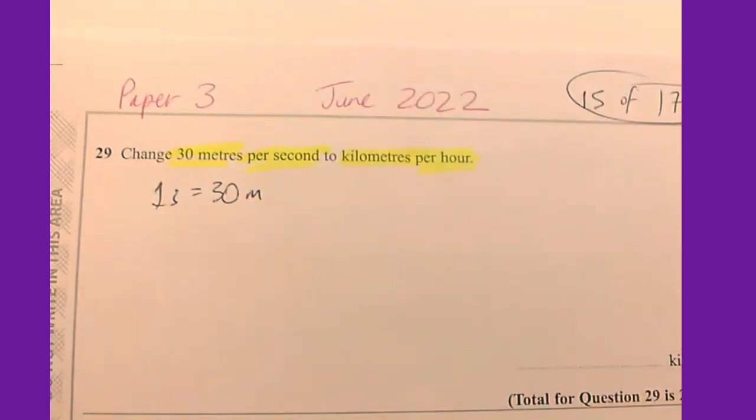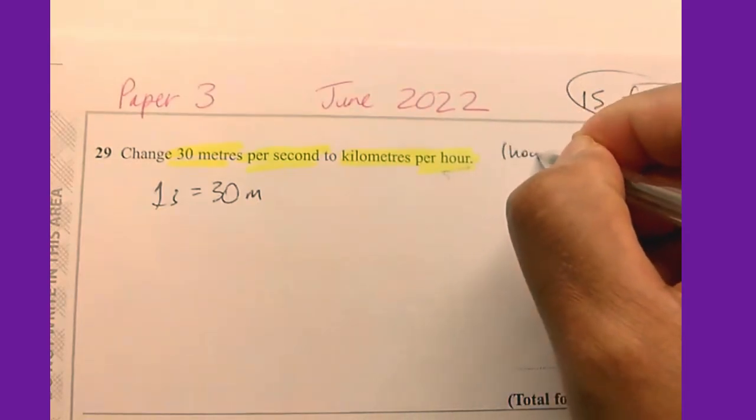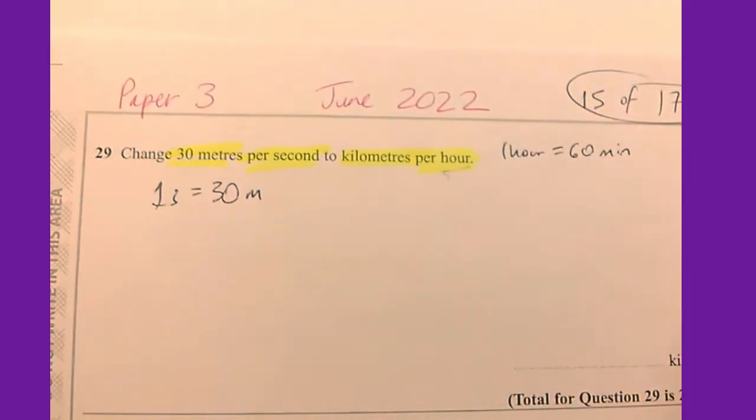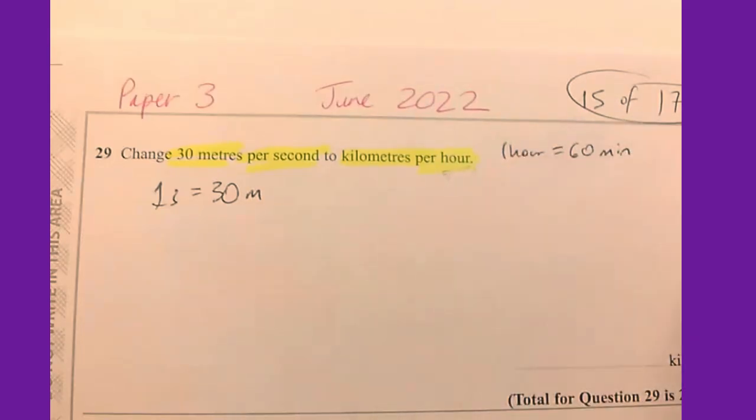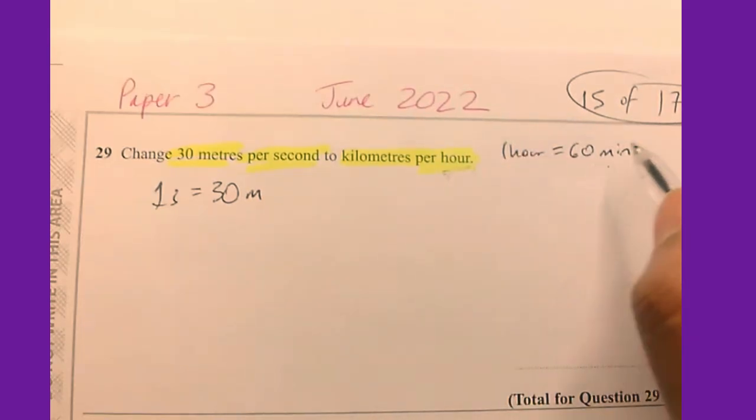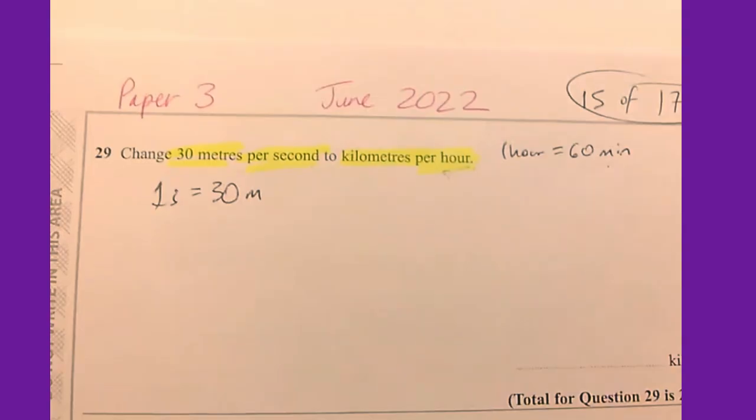Okay, so I need to look at going to an hour. So 1 hour equals 60 minutes. And remember that for the seconds and hours, how many seconds make a minute? So 1 minute equals 60 seconds.